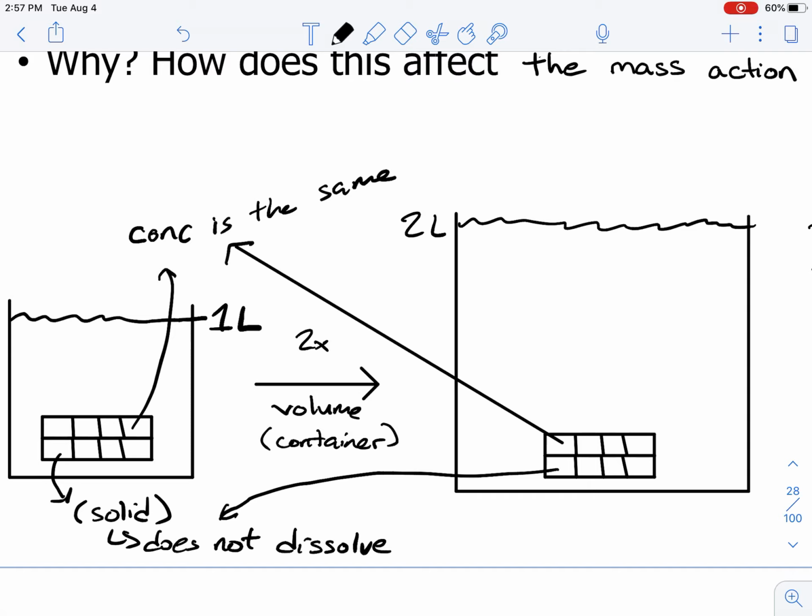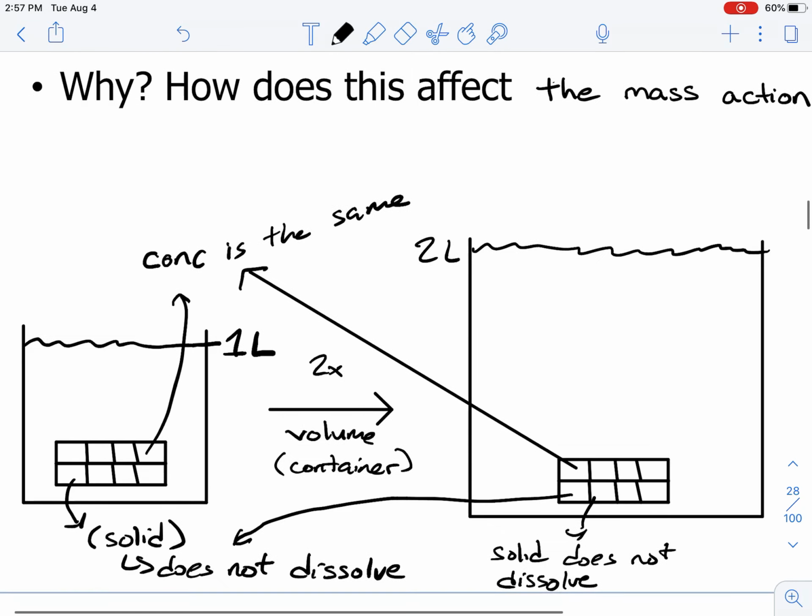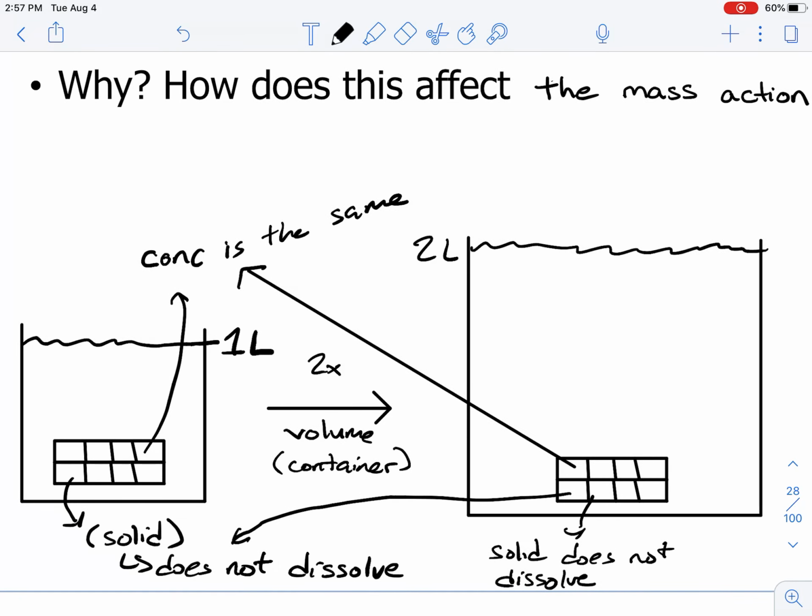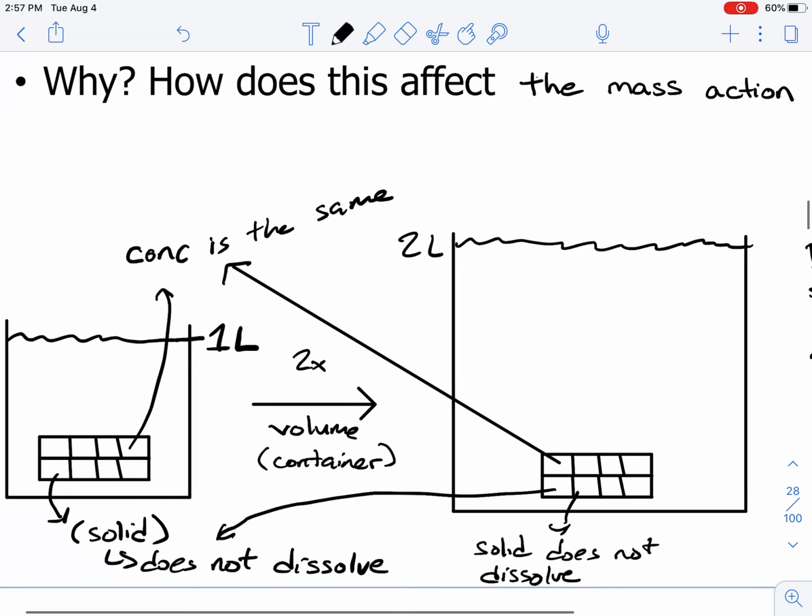Okay. And once again, it's because the solid does not dissolve. And so you guys can think of it as putting a metal ball in a water bottle and putting that same metal ball again in a tub, right? And so its molar concentration does not change because that solid doesn't really dissolve.